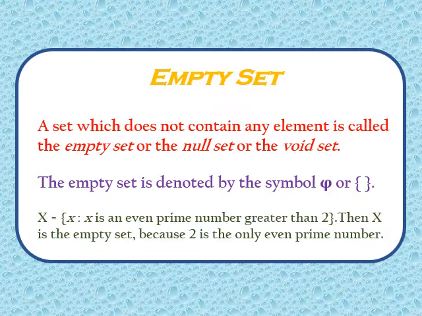Is it possible to find an even prime number greater than 2? No, because no prime number is even except 2. So 2 is the only even prime number. So x will be equal to phi, that is, the braces will be empty. So simply remember that if a set does not contain any element, it is called empty set, null set or void set. Clear? So pause and note down the definition.